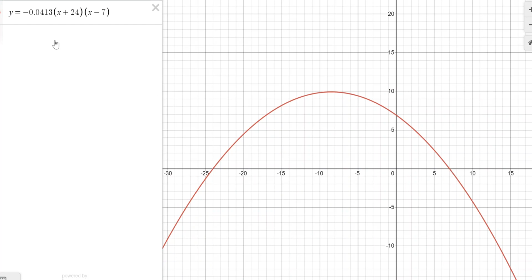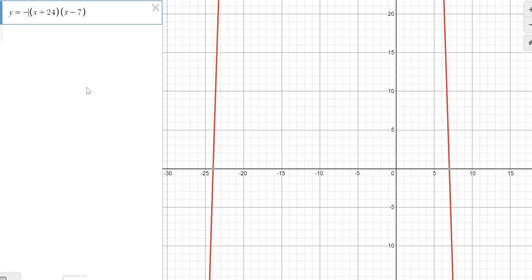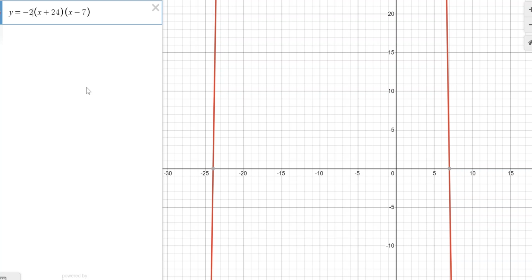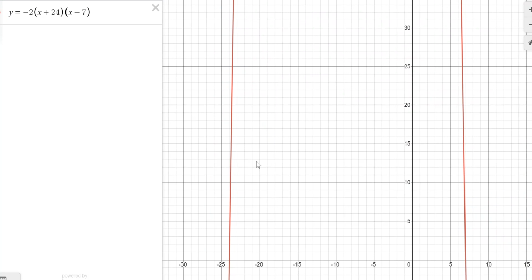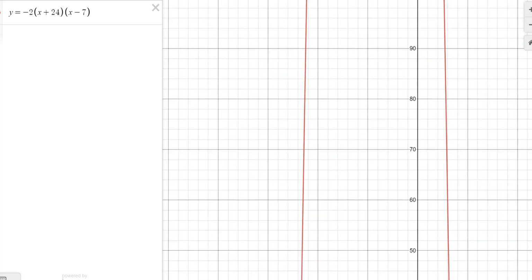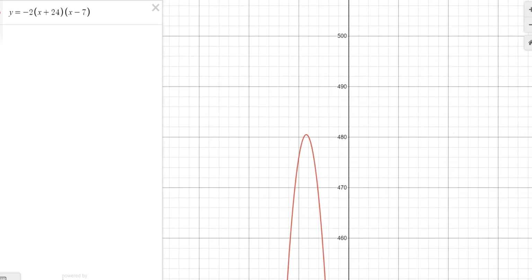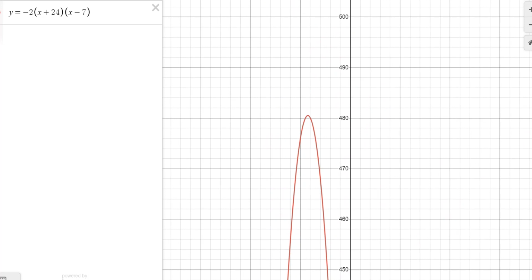You've got to be careful because of this A value. Look what happens if I try and make it easy. Just so you know, I can't make it easy. If I put a 2 in there, for instance, to try and make it easy, look what happens to the kick. It's a really big player. 480 meters at the highest point if I just put a number like 2 in there, right?